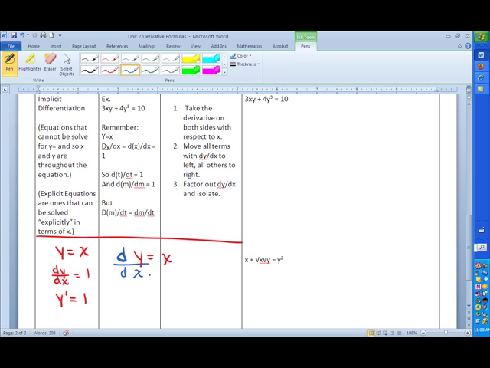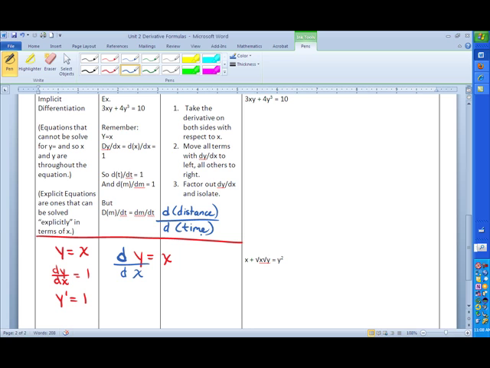Let me put that in context. Tell me how your distance is changing as your time changes. I could say the derivative of your distance, which is your y value, with respect to time, which is your x value.